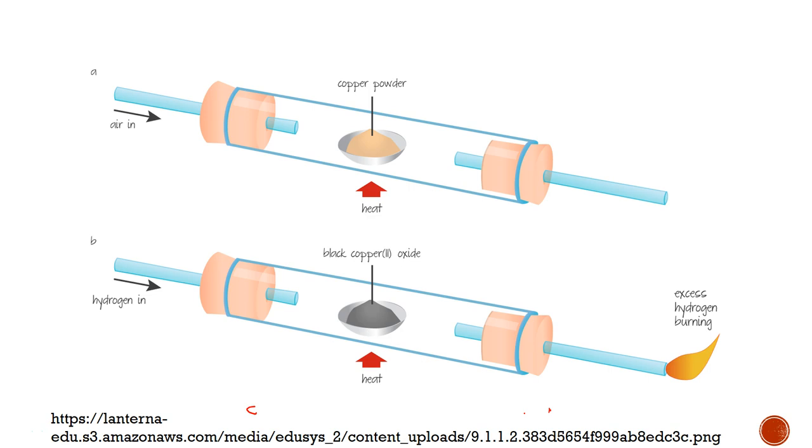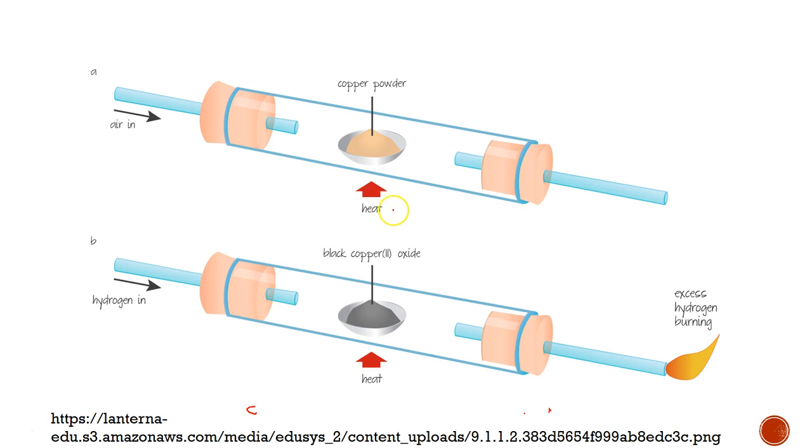Okay, and we can see that with a prac that we can do in a lab. If we take copper powder, so this is finely ground up copper, similar to what we extracted in the very first prac that we did way back at the beginning of our studies in chemistry. We put this into a tube with a gas inlet where air can come in, and we apply heat to the tube here.